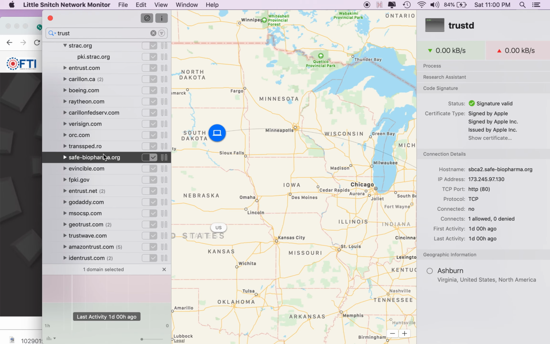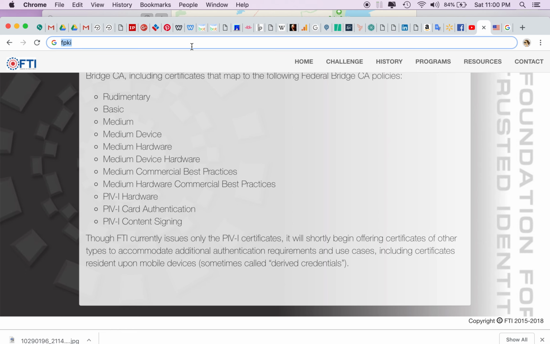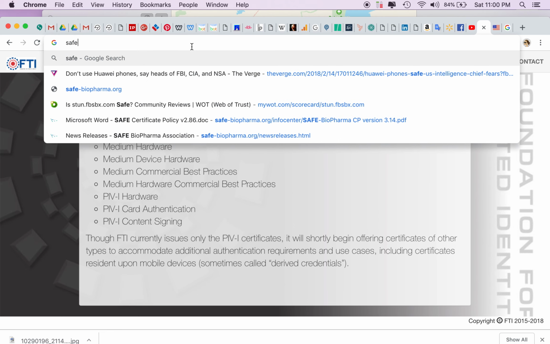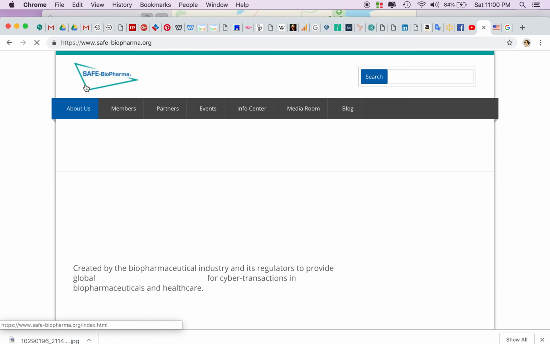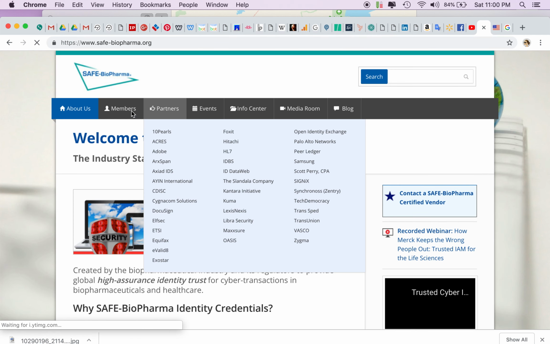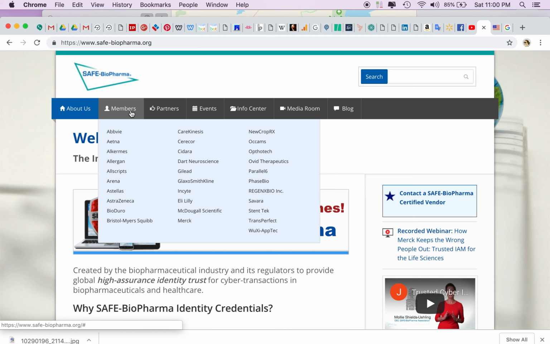And then if you look up safebiopharma.org, which we will look up right now, their members are all of these pharmaceutical companies and insurance companies. So I can imagine that there's probably a medical testing thing that they're doing.